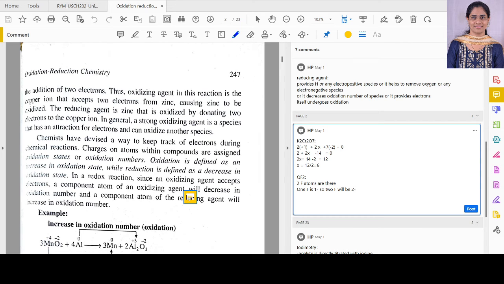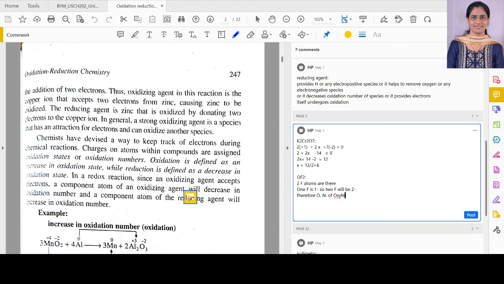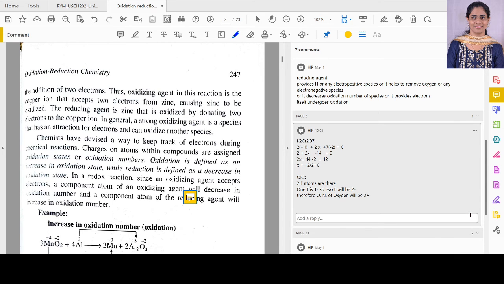Okay, so what will be the oxidation number of oxygen? Since the molecule is neutral, the oxidation number of oxygen in this example will be 2+, okay, plus 2. Remember this, when oxygen combines with fluorine, it shows a positive oxidation state. So remember this example also.